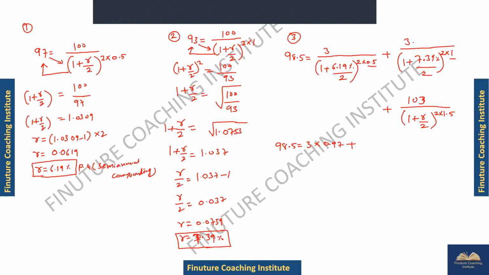And for the second 3, it's 0.93. And for this 103, we are in fact interested in this R, so I'll write this as 1 plus R over 2 to the power 3, since 2 into 1.5 is 3. So I'll calculate this and this, add these up, bring this to the left-hand side, and subtract it from 98.5. So let's quickly do it.